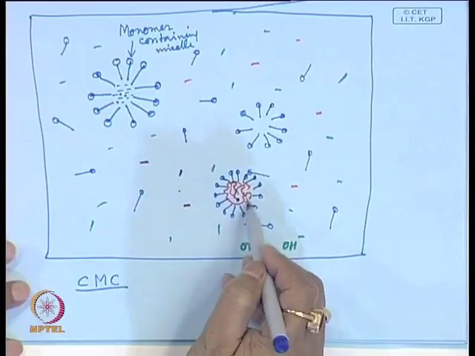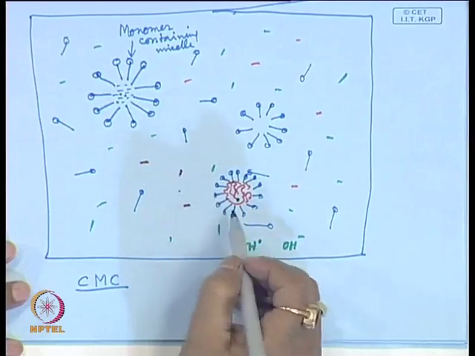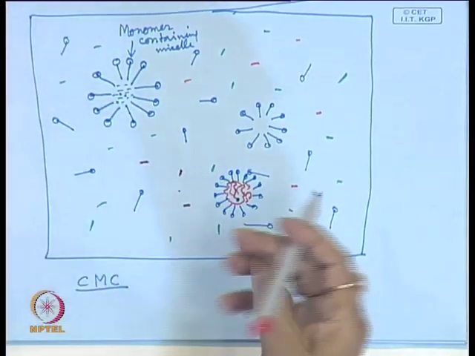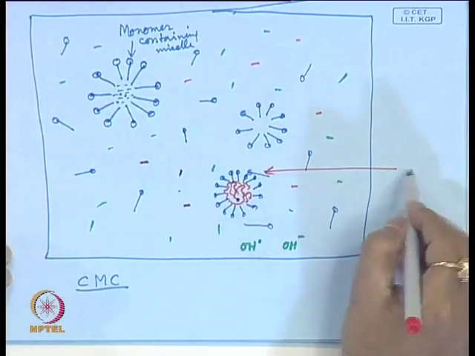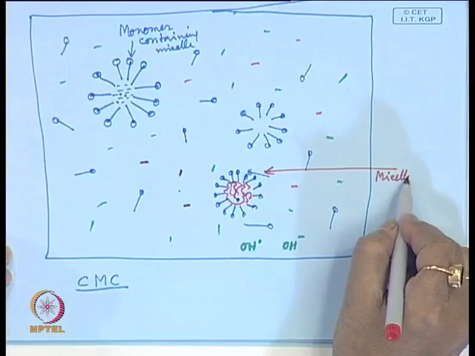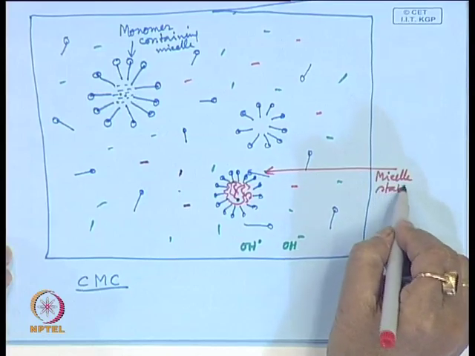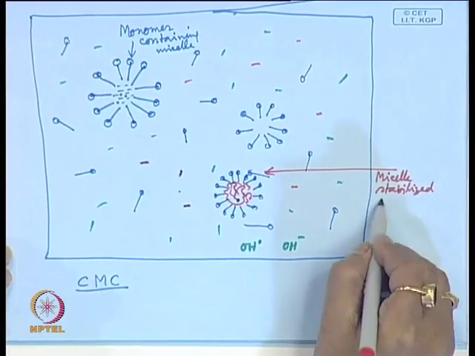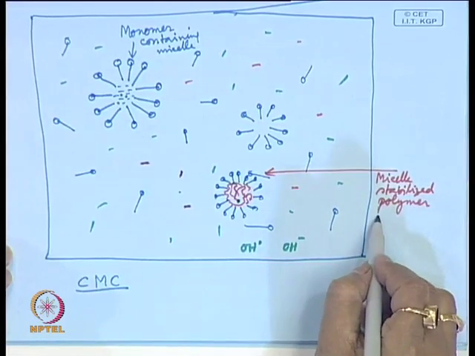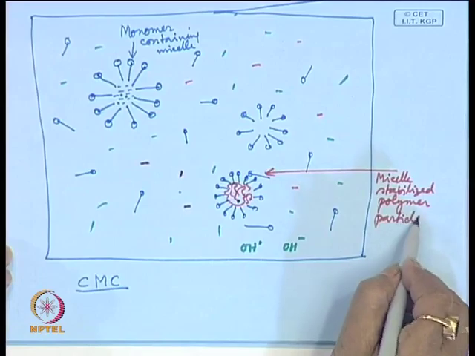Eventually, the soap molecules present in the aqueous phase will cover it, envelop it like a micelle, and that will be stabilized. So, we can write this as a micelle stabilized polymer particle.